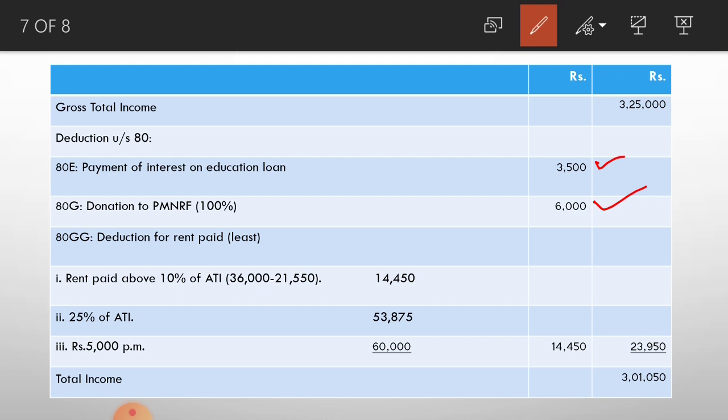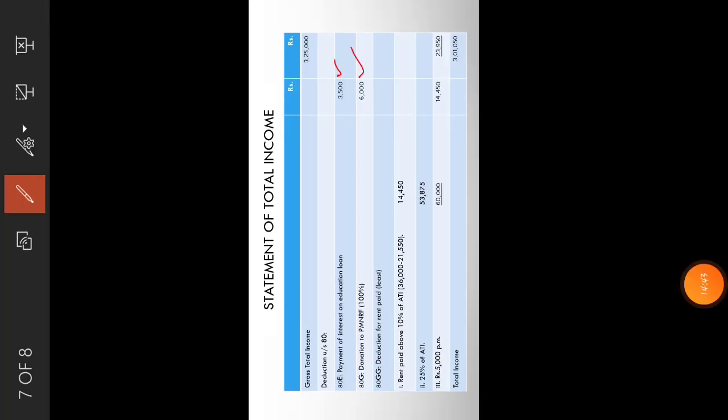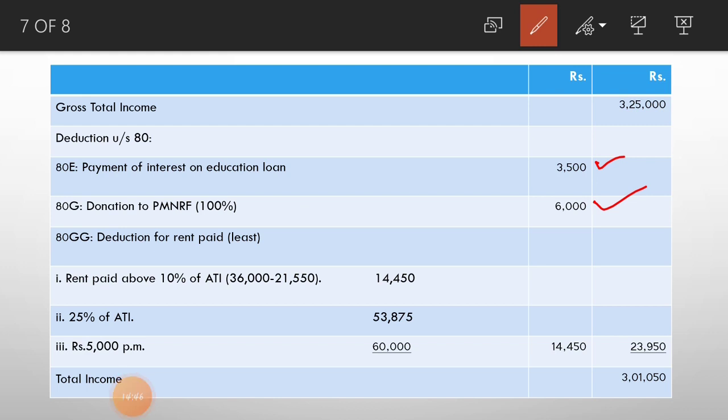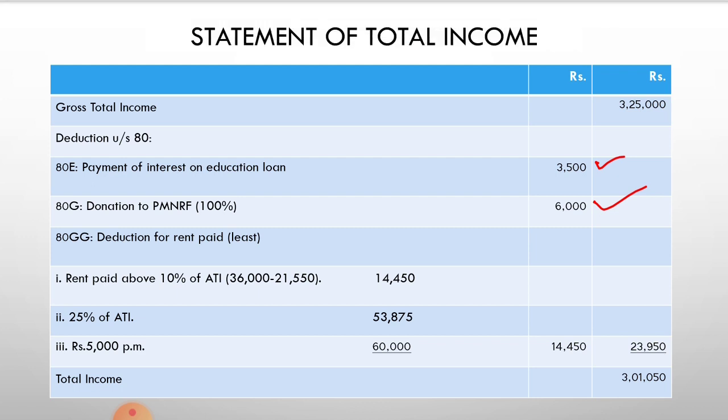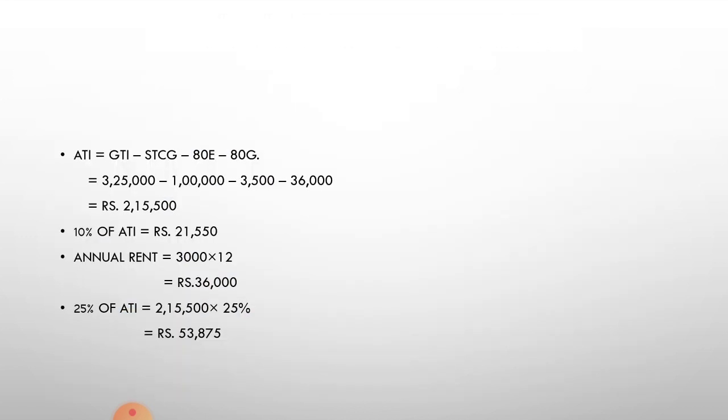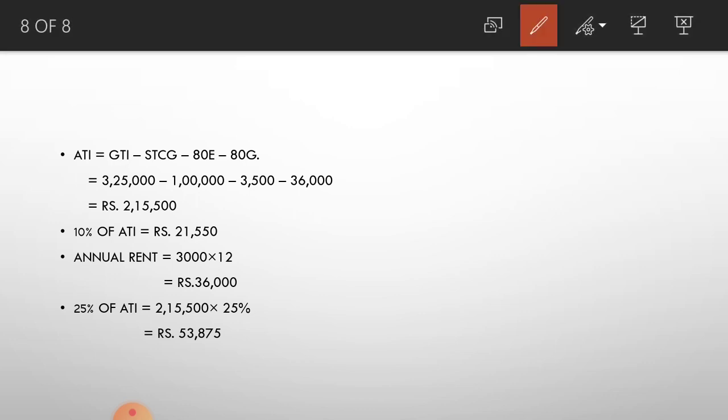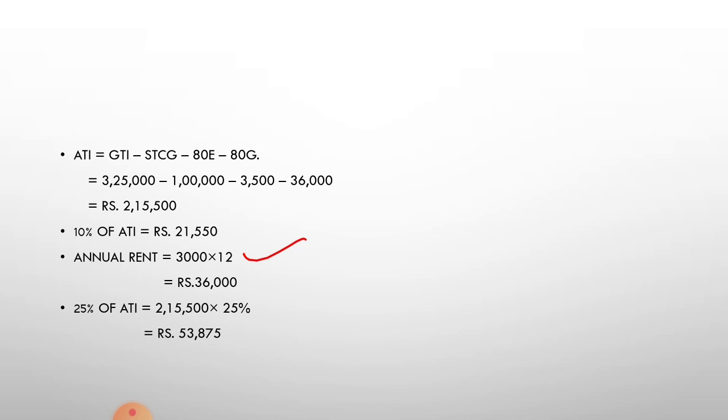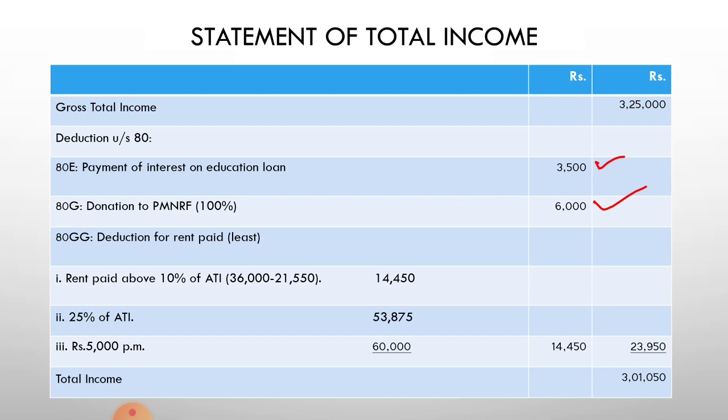First restriction is rent paid above 10% of adjusted total income. Actual rent paid is 36,000, that is 3,000 per month, 3,000 into 12. Here see the notes, annual rent 3000 into 12, 36,000 is the total rent paid. So, from that you have to deduct 10% of ATI.